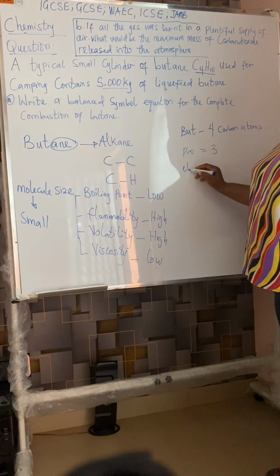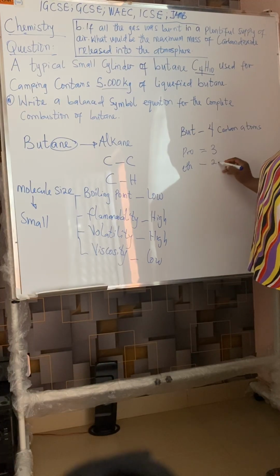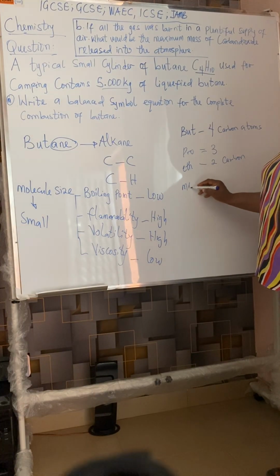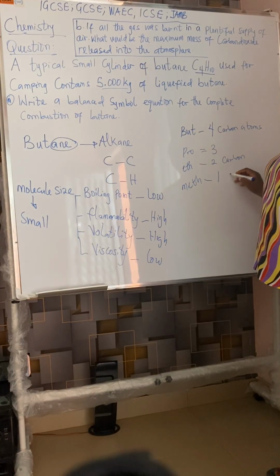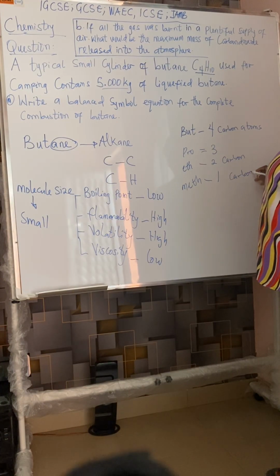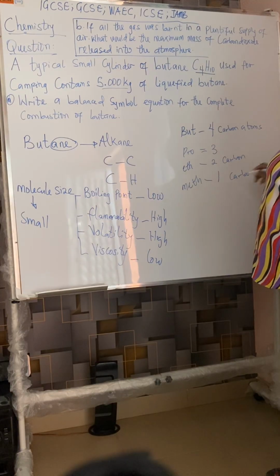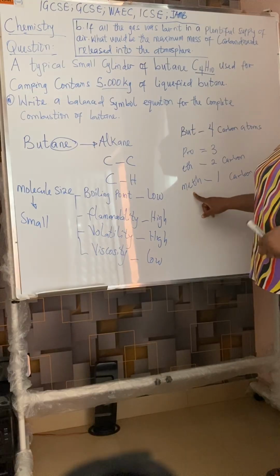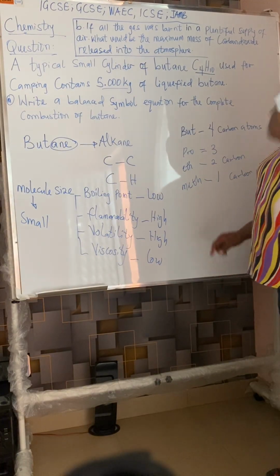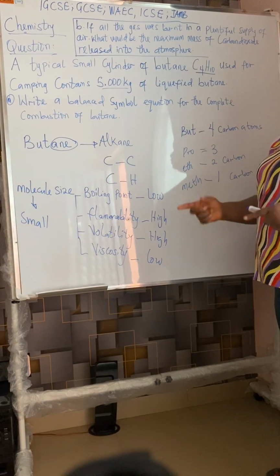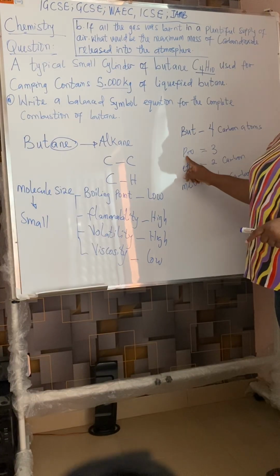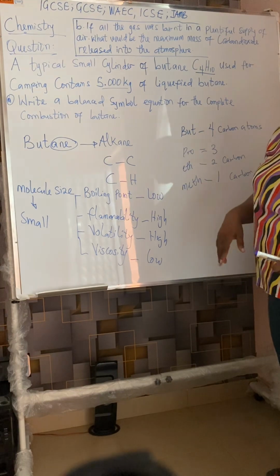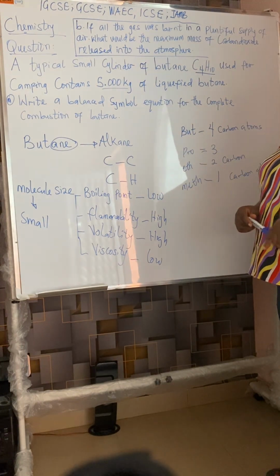If it is eth, 2 carbon atoms. If it is meth, 1 carbon atom. So that when you see methane, you know that because it is meth, 1 carbon atom. Then ethane, 2 carbon atoms. Propane, 3 carbon atoms. Butane, 4 carbon atoms. We can go on and on.